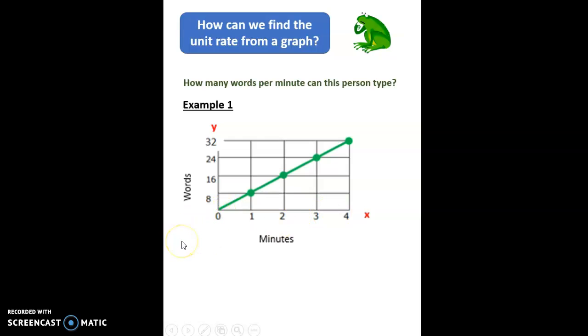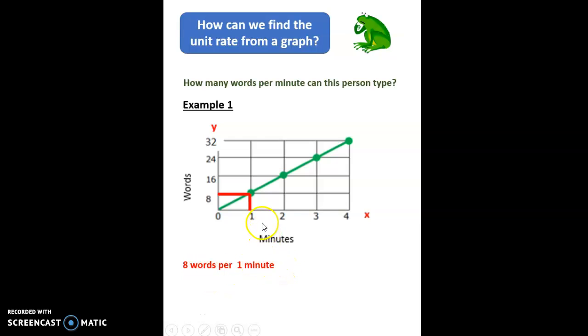If we find a point on the line at the corner of these little lines and look at where it's connected, let's see what these numbers mean. This means 8 words per 1 minute. And that is already a unit rate. So the unit rate is 8 words per minute.